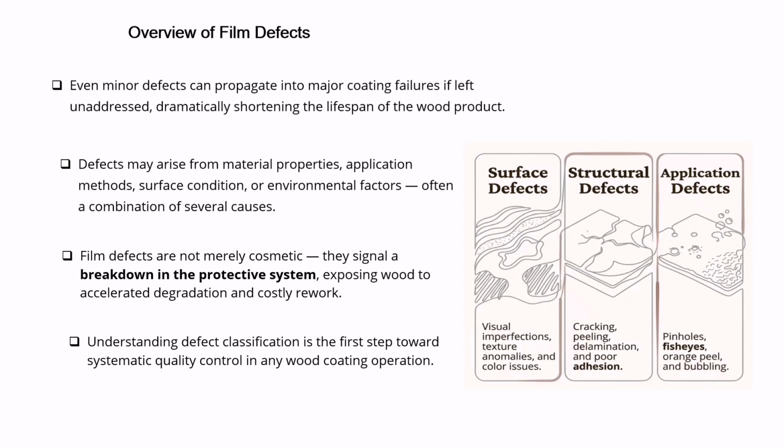The defects are mainly grouped into three categories: surface defects, which affect texture and appearance; structural defects, such as cracking and peeling; and application defects, including pinholes, fish eyes, and bubbling caused during coating application. Therefore, understanding these defects is essential for maintaining quality and improving coating performance.